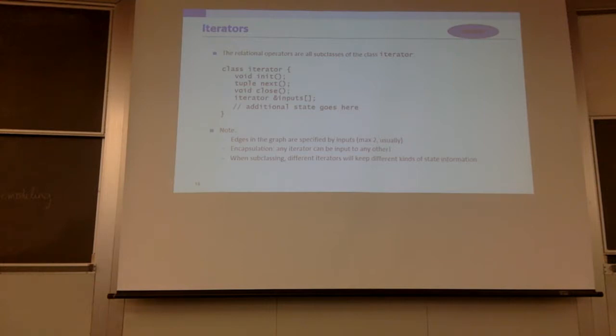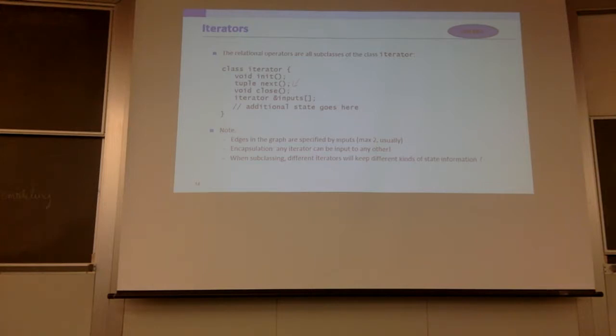Each of your operators extends or inherits this iterator class, and each operator will implement its own version of these methods. Like you could have init, initialization, right? Initially you need to initialize some internal state, like for the sorting, you need to initialize a large memory pool, right? Then the next thing is called next. Okay.